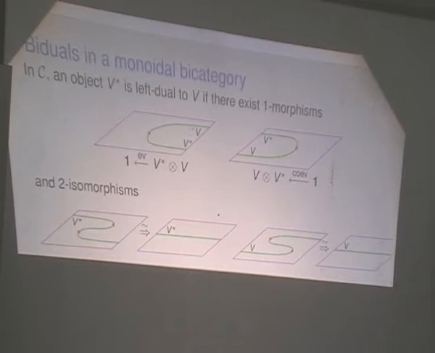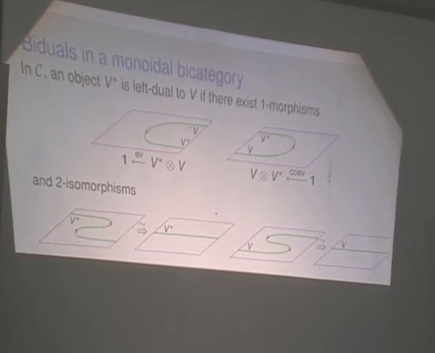So we don't want these one morphisms to be necessarily equal, but we want there to be a two isomorphism between them, and we're going to have to actually specify what that isomorphism is. So we've got an isomorphism going that way, and an isomorphism going the other way. And similarly, we have an isomorphism between those two.